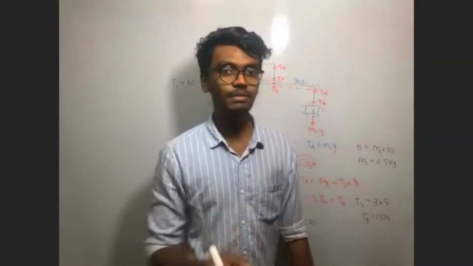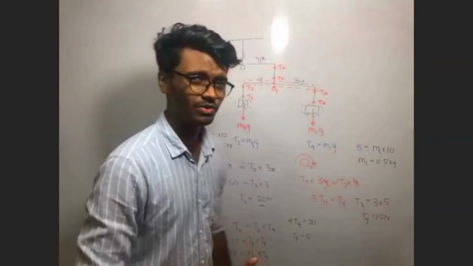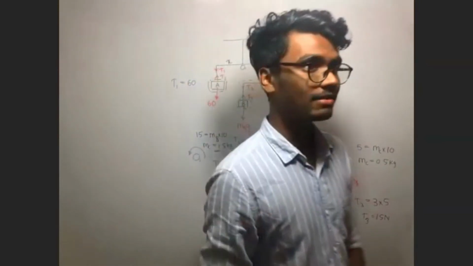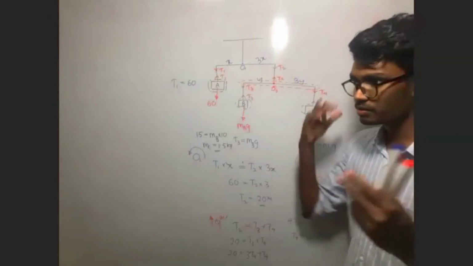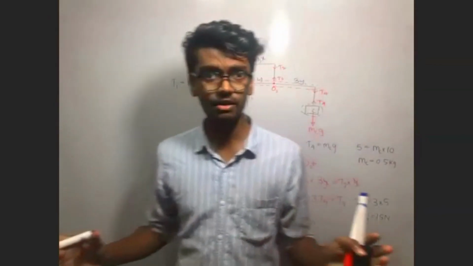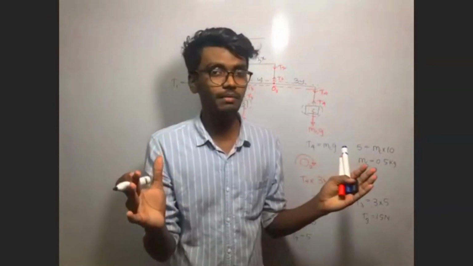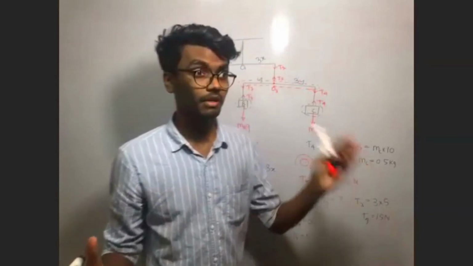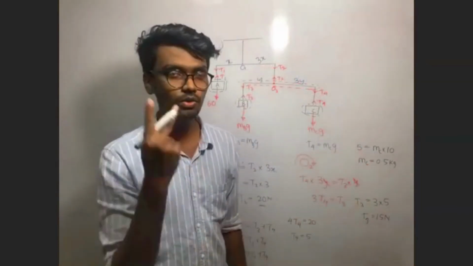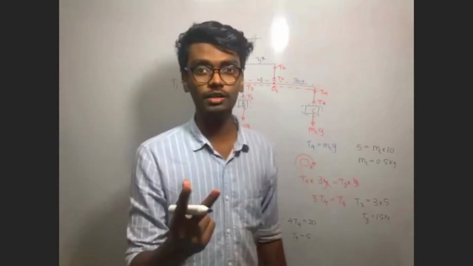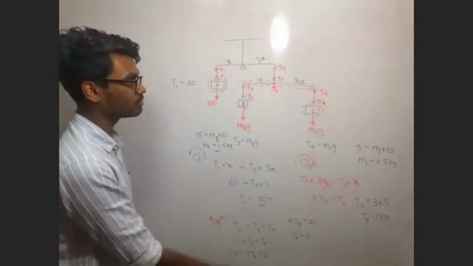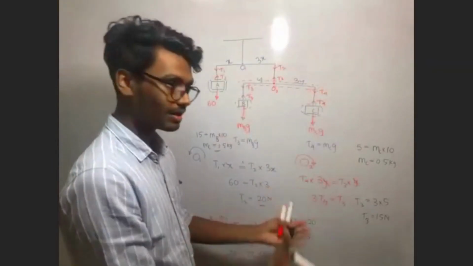As much as possible, because these are MCQs, do not waste a lot of time. If you can work these things out in your head, do mental maths, please, because time is very important. You get only 2 minutes for solving a question, so you can't draw and mark all these things on the bar.